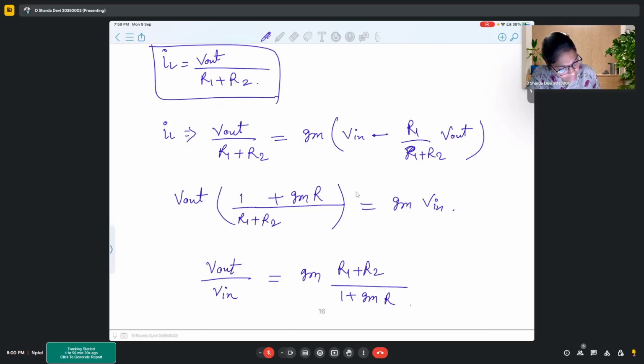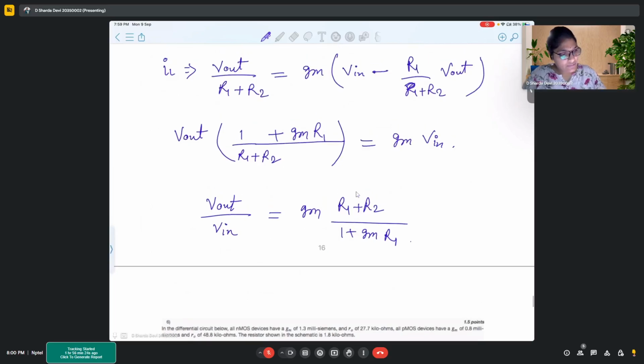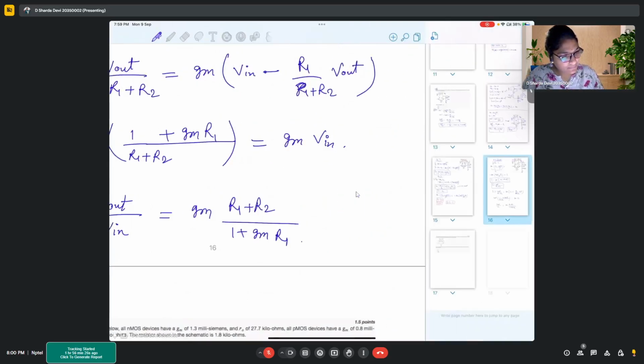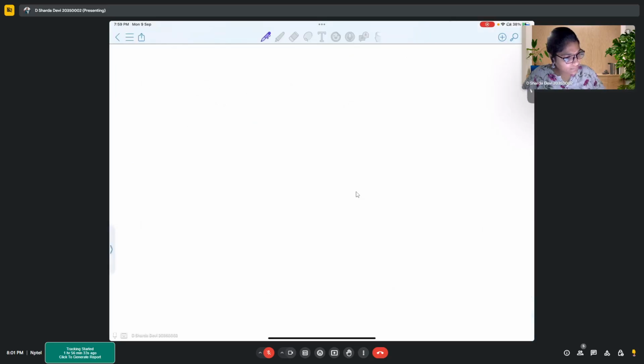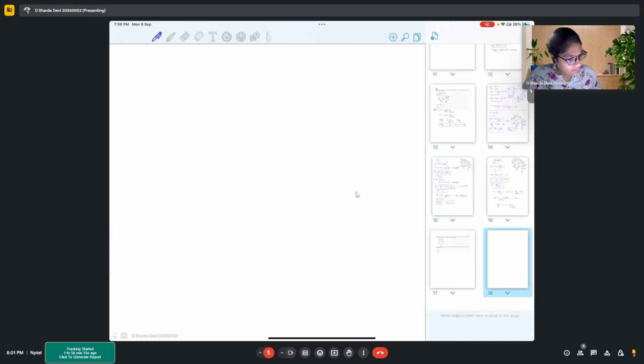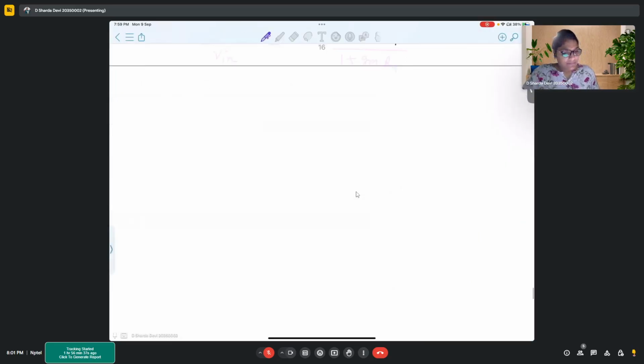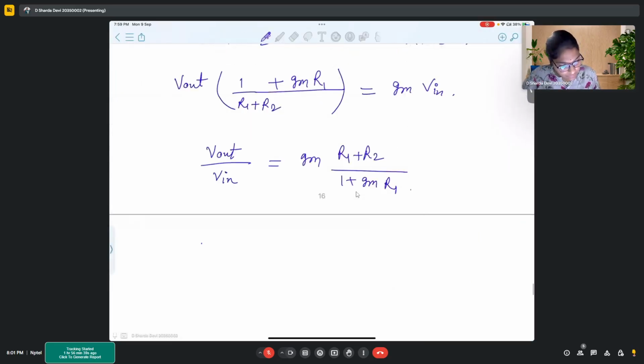This factor was R1, right? So here R1 will come, here also R1 will come. So yeah. Okay. So now we know that 1 plus GM R1.